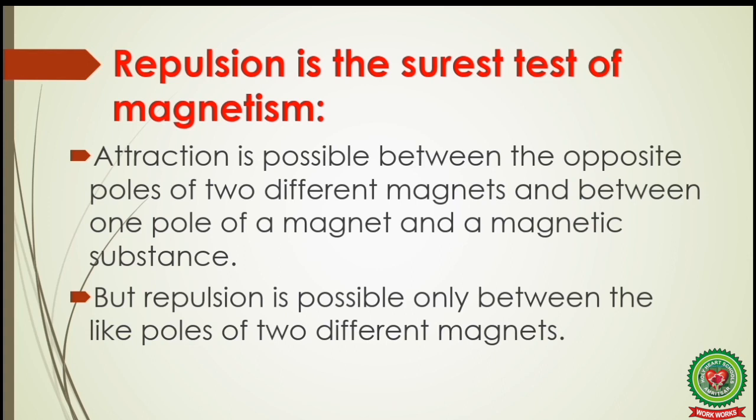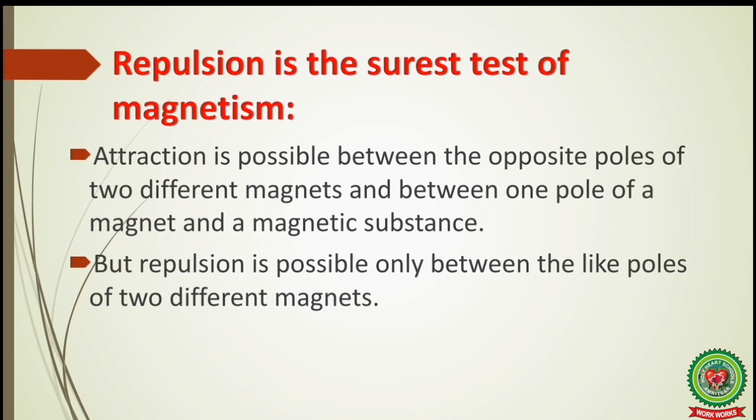So if the given piece is attracted towards a magnet, it means it can be a magnet or it can be a magnetic substance like iron. But repulsion is possible only between the like poles of two different magnets. So if there is repulsion between the given piece and a magnet, it means that the given piece is definitely a magnet. In this way, we can say that repulsion is the surest test of magnetism.